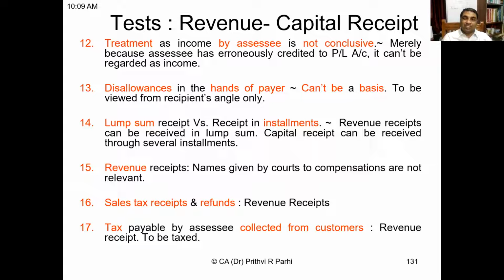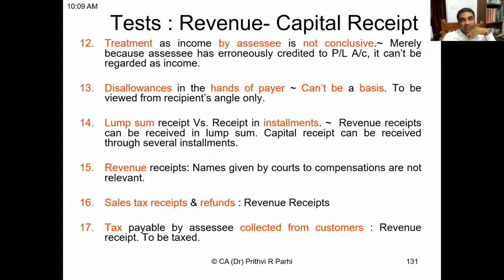Let us say erroneously or wrongly assessee credited in the profit and loss account as sales or as revenue. That doesn't mean that it will automatically become income. So the treatment by the assessee is not conclusive. Court will not consider how you have treated. Court will see what is the exact nature of the receipt. If you say, in my books of account I have booked it as a revenue receipt, no, that is not enough. You might have wrongly booked it. So on that basis, decision will not be taken.